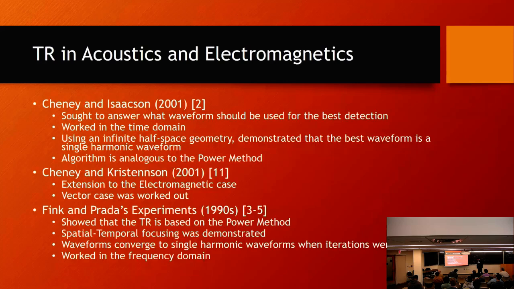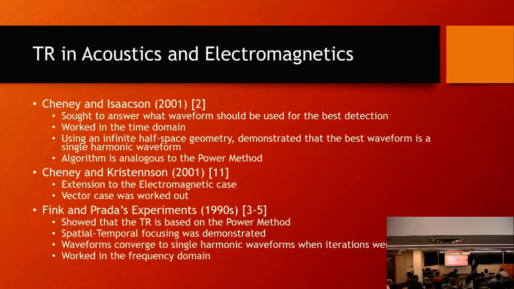Independently of all these experiments, there were a few mathematicians, Margaret Cheney and David Isaacson, and they were trying to solve a problem: what is the waveform that I need to transmit that will give me the strongest return signal for detection? It was a mathematical exercise. They created a half plane so that the differential equation could be solved.